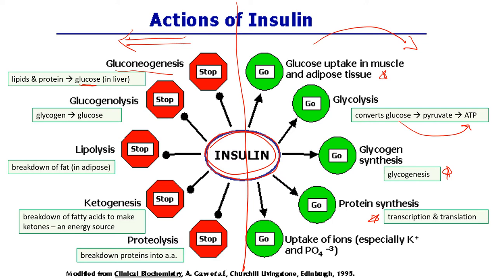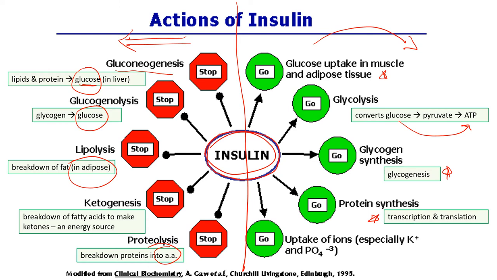So we certainly don't want processes in the liver making more glucose while we're trying to get rid of it and trying to store it. So all of these processes on this side end up forming glucose in some form or fashion, or providing the building blocks, such as lipolysis, which is providing the building blocks for glucose production.